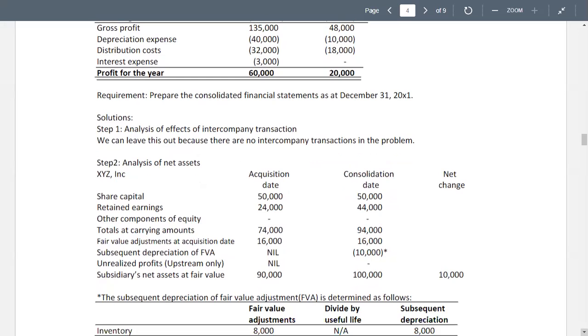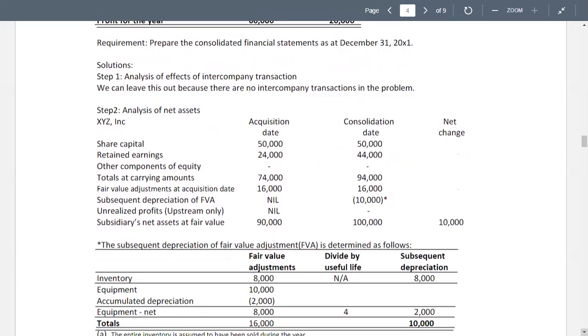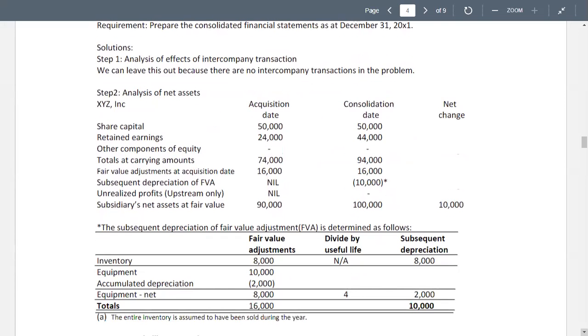The subsequent depreciation of fair value adjustment is determined as follows. The fair value adjustments divided by the useful life. So we have the subsequent depreciation. For inventory, actually it's depreciation or amortization. As I have mentioned earlier, the term depreciation does not apply well to your inventory charging, but you would rather call it amortization.